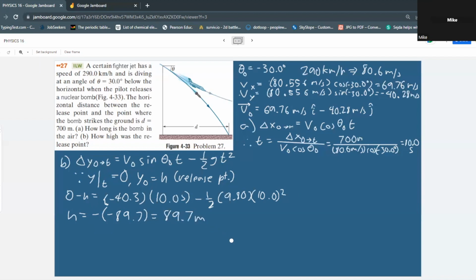What? This doesn't make sense. So a fighter jet is Hindi, calculate. Tama yung numbers mo. Gumamit ka ng calcu, i-calculate mo ulit. Kasi 40 times 10, ano ba yan? That's 400 already. Yung 9.8 times 10 square, that's 100 times 10, that's 1,000. Divide by 2, mga 500-ish.